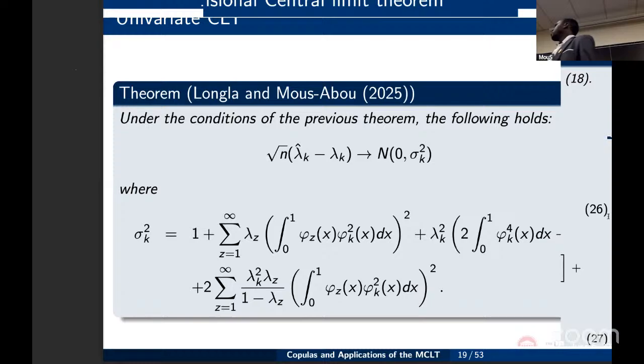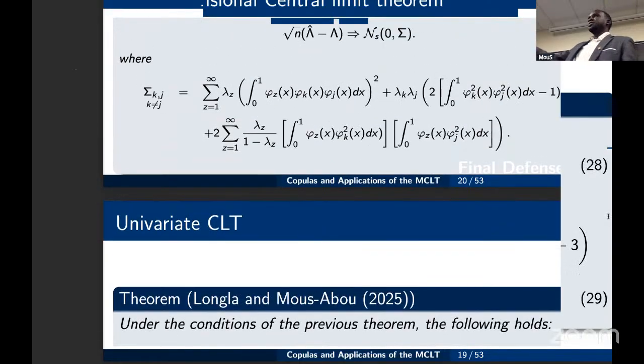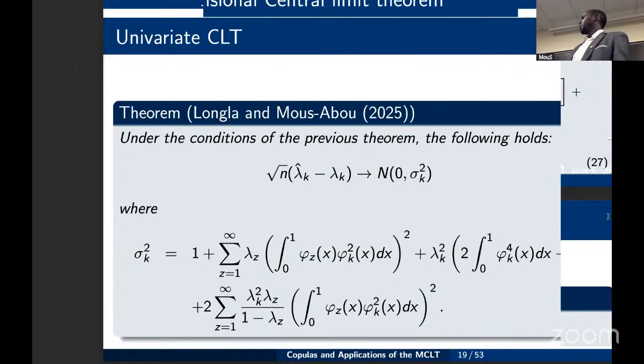So if we focus only on one parameter, under the conditions of the previous theorem, then the limit theorem in 28 holds for the parameter lambda hat k. And sigma squared k is given by equation 29, which describes the case where k equals g in that previous formula. So when k equals g here, we have this sigma squared k, which completes the matrix as a whole now.